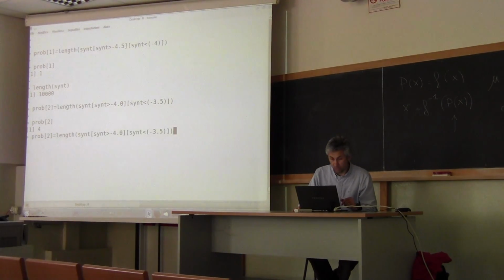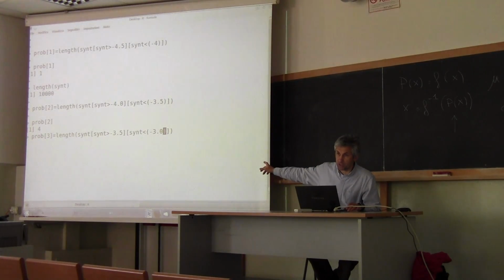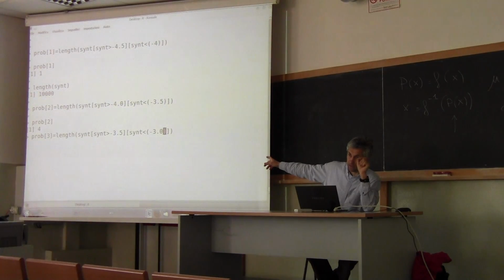Now I have to quickly move forward because I have 18 of these operations to compute. So minus 3.5, minus 3. You may say that I may miss some observations in this way because I would need an equal sign at one of the two extremes of the interval.